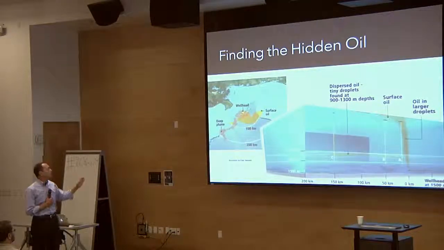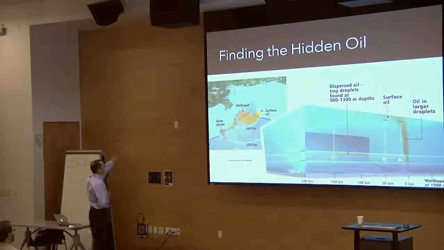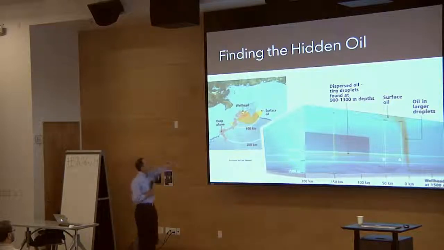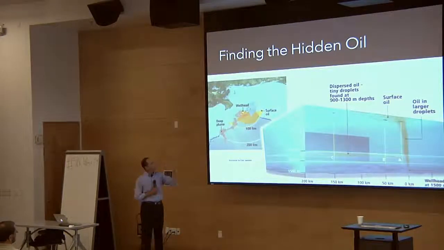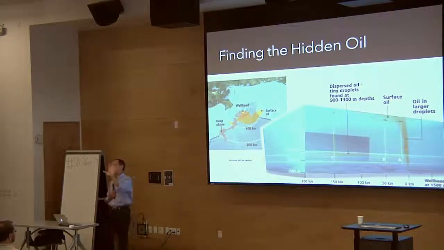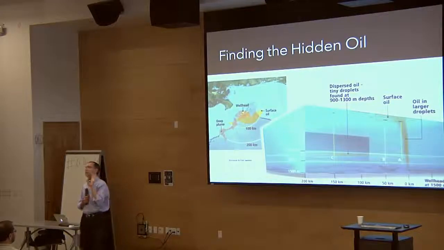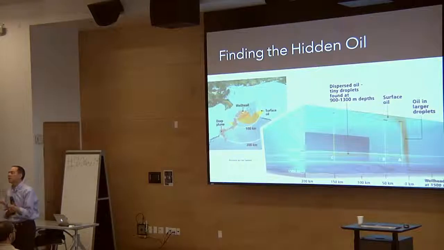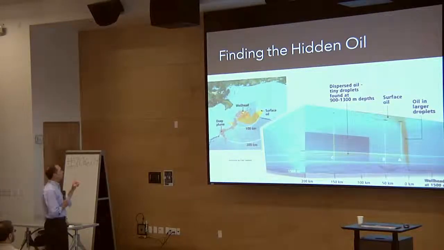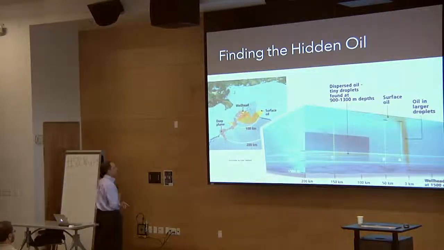So to orient you, we have Louisiana, the Mississippi River Delta at the top. You can see the wellhead. On your right, you see basically where the surface oil was, and to the left, you see where subsurface oil was. Now, it was relatively easy to see the oil on the surface. It was relatively hard to see the subsurface oil.